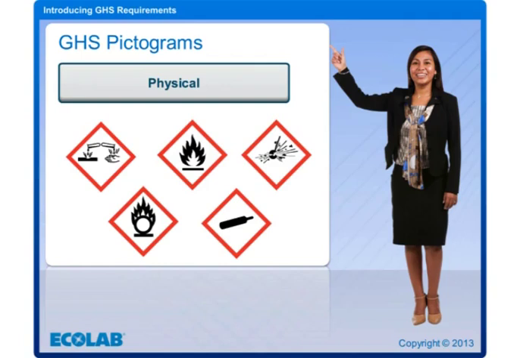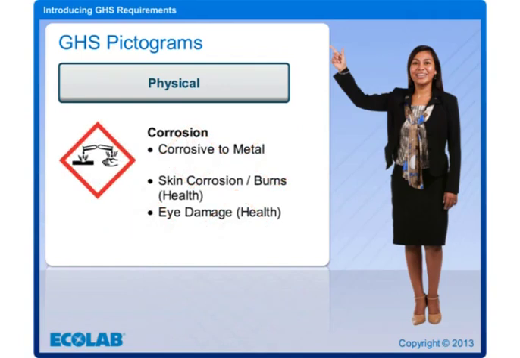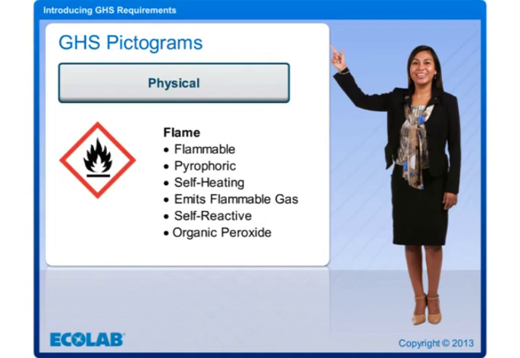These pictograms represent physical hazards. As we discussed earlier, the corrosion pictogram also represents a physical hazard in that it is corrosive to metal. The flame pictogram is used to represent these physical hazards: flammable, pyrophoric, self-heating, emits flammable gas, self-reactive, and organic peroxide.